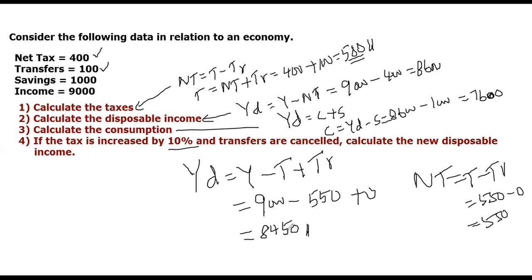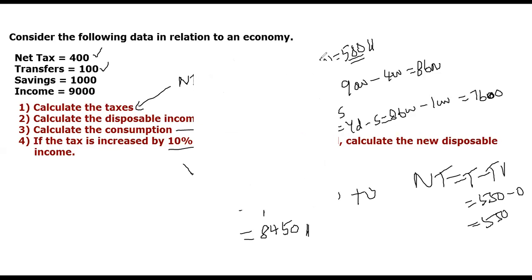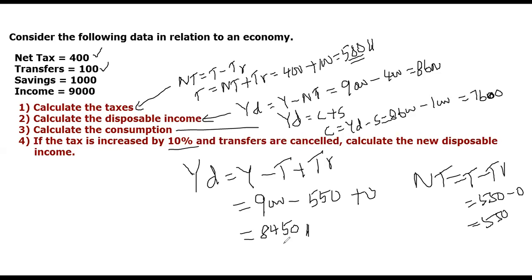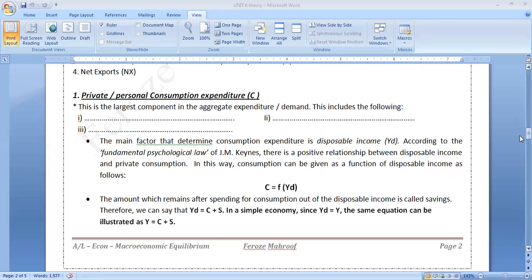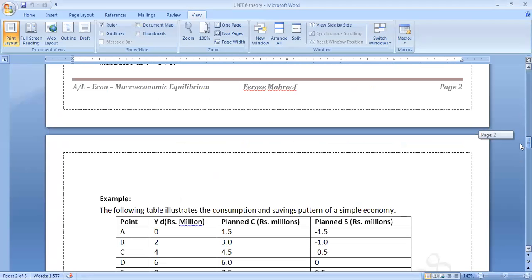Correct? And here, you know, the net tax is given, right? Understood? Right. So now we understood what is the meaning of disposable income, how we identify the savings and all.